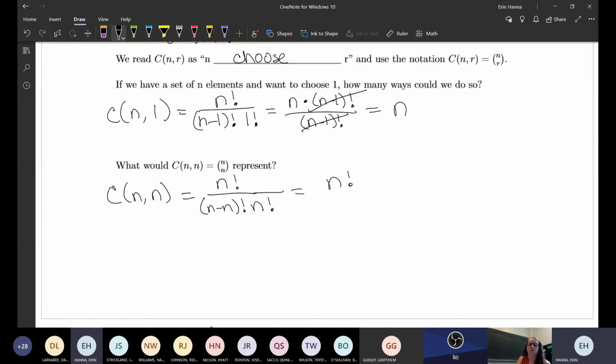So we have n factorial over 0 factorial times n factorial. 0 factorial is 1, so n factorial over n factorial equals 1, which also makes sense. If you have n elements and you want to choose all of them, and we don't care about the order, there's only one way to do that. If you cared about the order, there would of course be way more ways. But if you're just taking all of the things, there's only one way to do that.